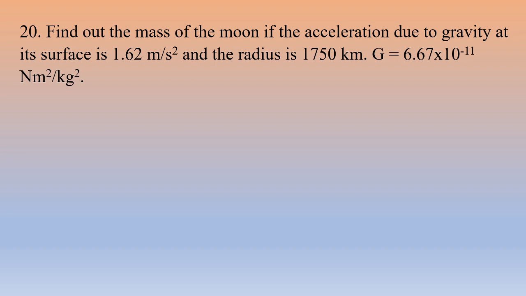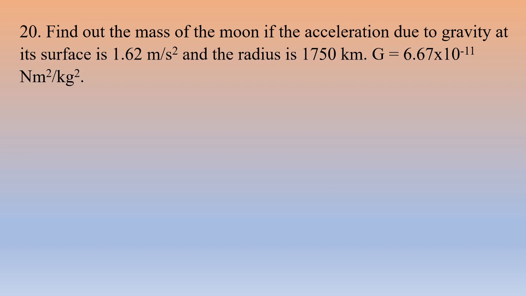Next, find out the mass of the moon if the acceleration due to gravity at its surface is 1.62 meter per second square and the radius is 1750 kilometer. And we are given the value of capital G, 6.67 into 10 raised to negative 11 Newton meter square per kilogram square.